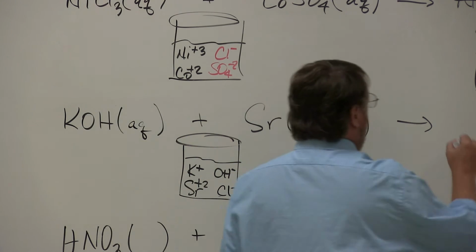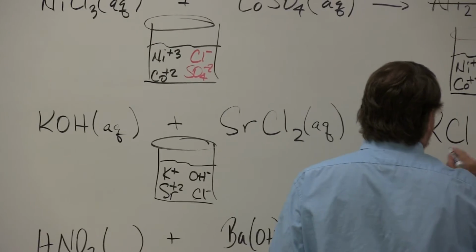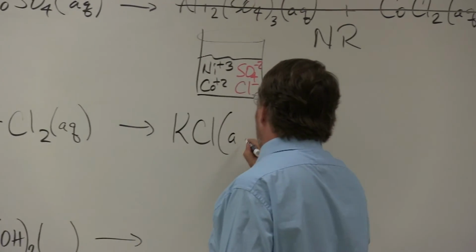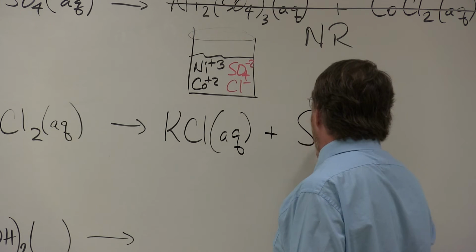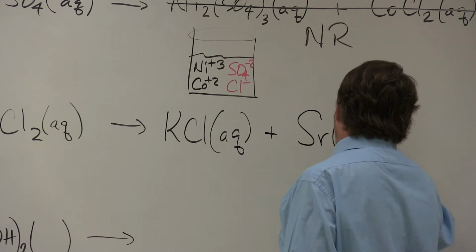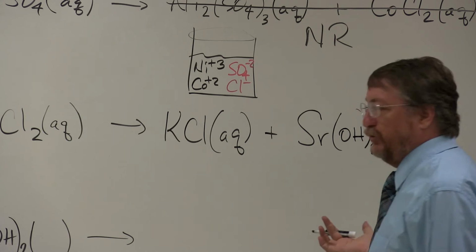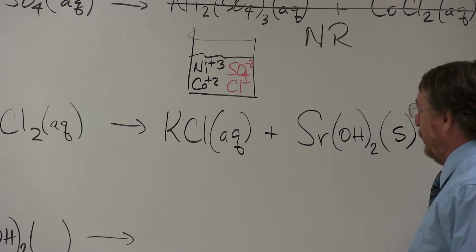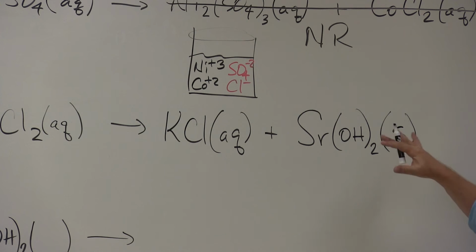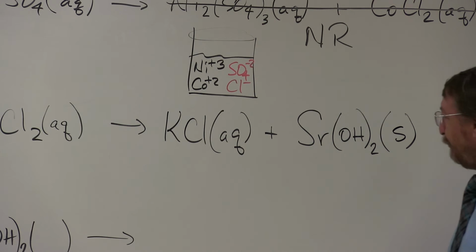When we do that, we're going to get KCl. Potassium compounds are always soluble in water, so that's aqueous. Plus, and we're going to get strontium hydroxide. Hydroxides are generally insoluble, so we'd expect, this has a slight solubility, but we'd expect that to be a solid. We're going to have cloudiness in the solution.